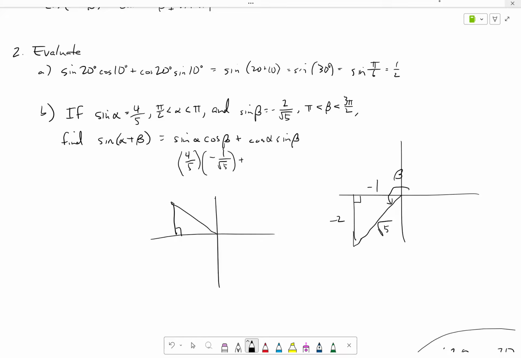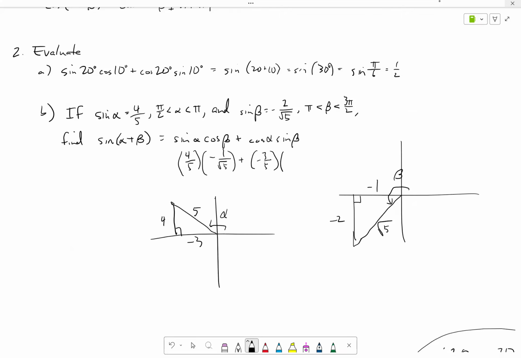From there, you can plug in the values. Y is 4, and the hypotenuse is 5. That's a 3-4-5 triangle, but in quadrant 2 it would be -3. So you can use that as sine of alpha, -3/5. And since we already have sine of beta, multiply it together.